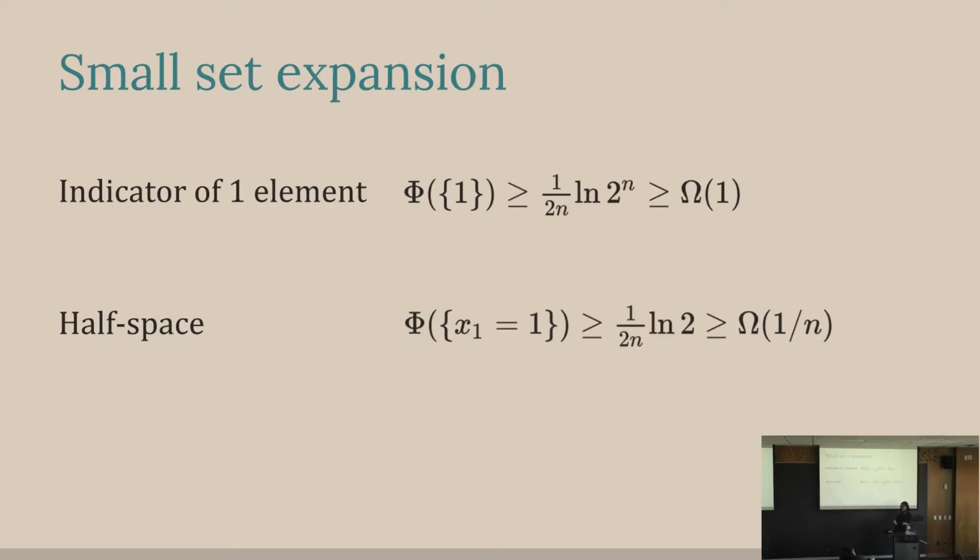If your distribution only has a small amount of spiky parts, then if you do a random walk on that distribution, it needs to spread out super quickly. But if you have a distribution that's kind of flat, it could be that your random walk takes a while to converge.